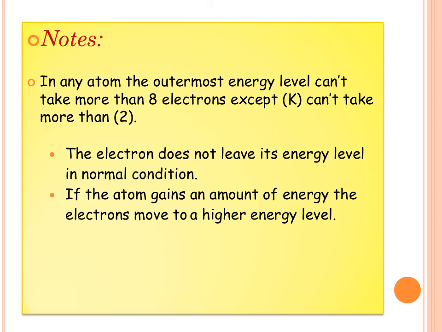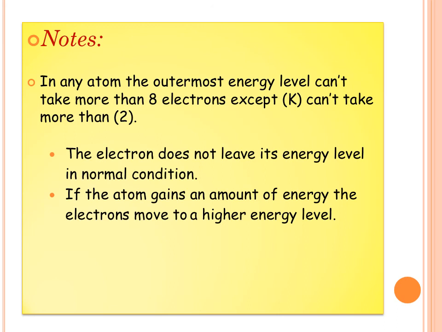In any atom, the outermost energy level can't take more than 8 electrons, except K, which can't take more than 2. The electron does not leave its energy level in normal condition.